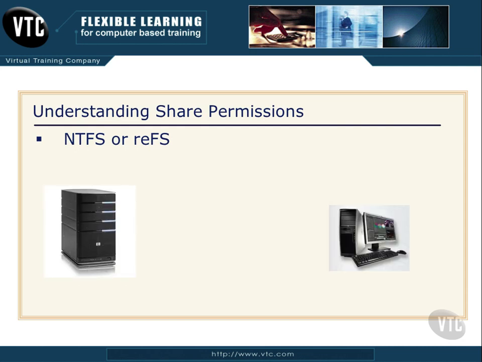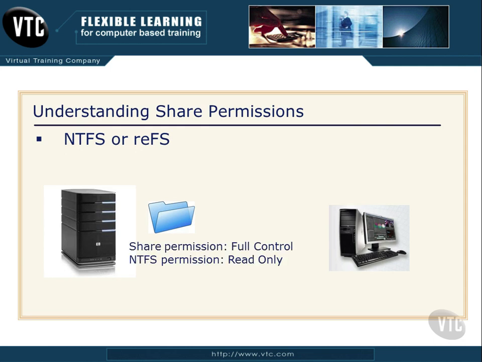This time, we have a server and a client, and we have a folder on the server. This folder has both a share permission, and notice that's full control, that means over the network, and it has an NTFS permission, which is read only. And so what happens here?